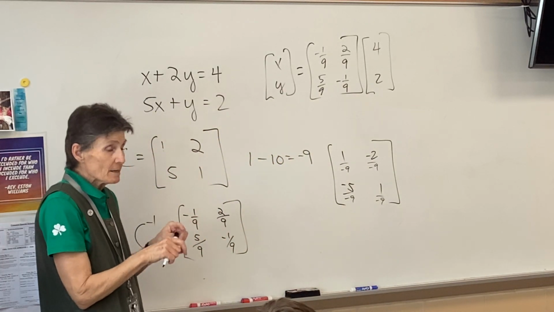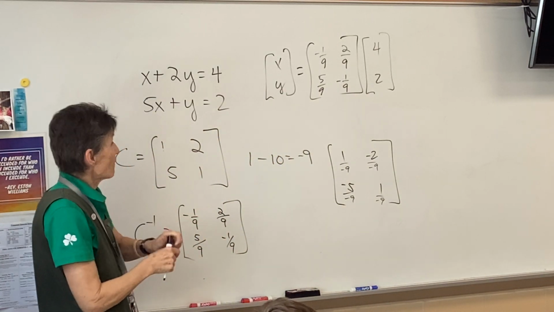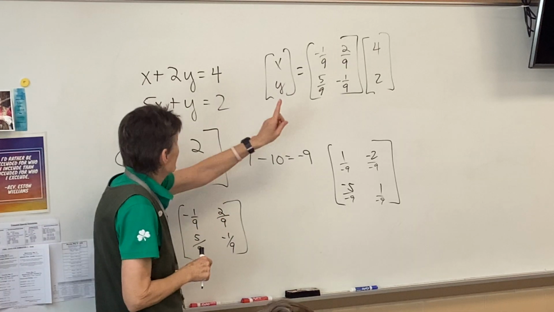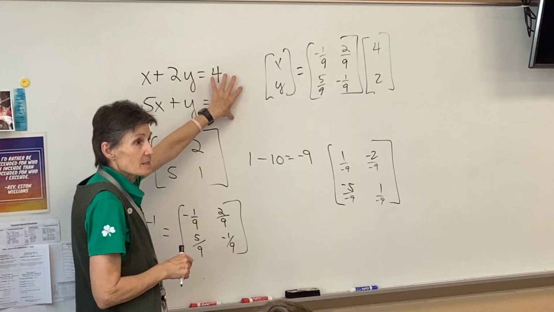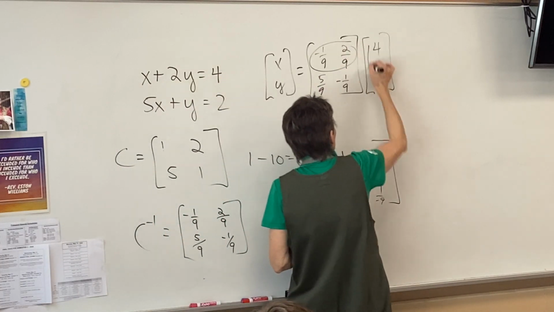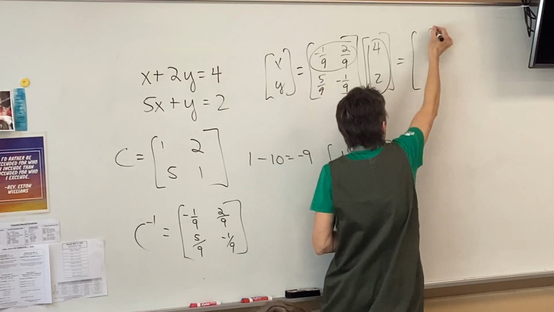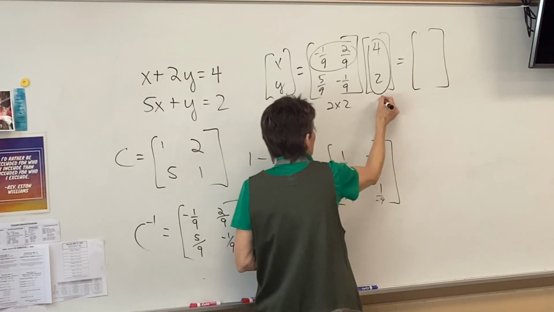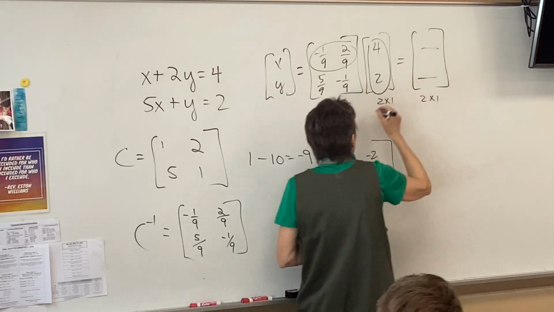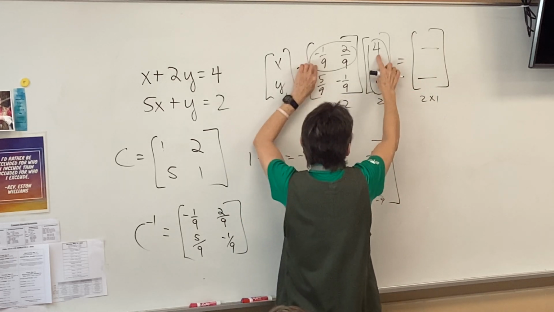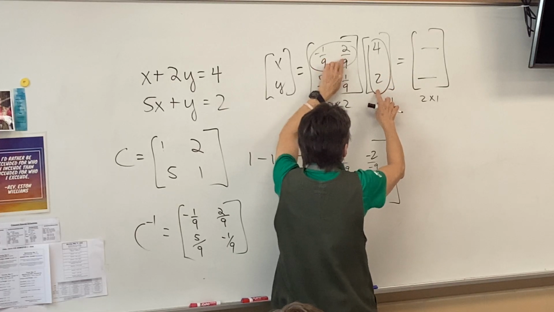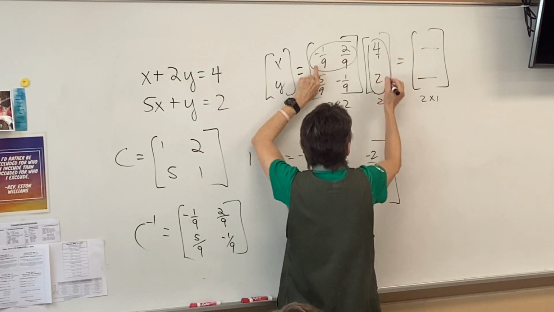So to use the inverse method, you find the inverse and then multiply it by these guys. So, row 1, column 1. 2 by 2 times 2 by 1, that would be a 2 by 1. So I have negative 4 and 4. This is 4 over 1, 2 over 1.